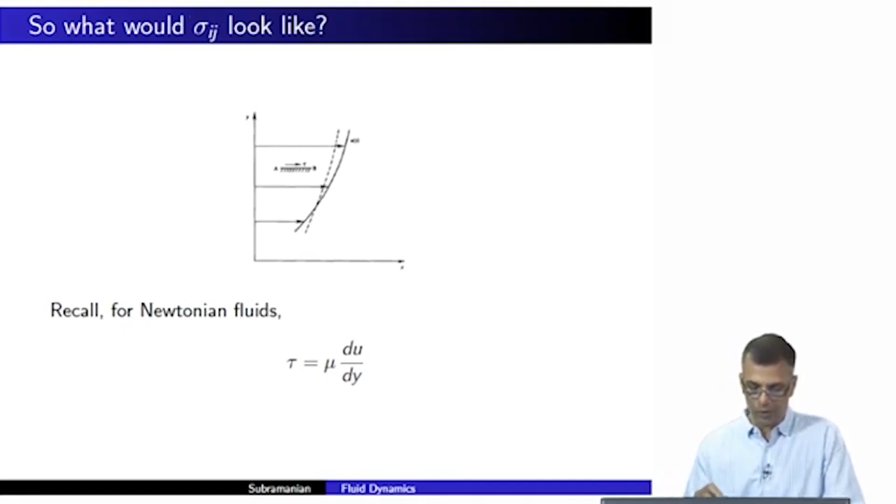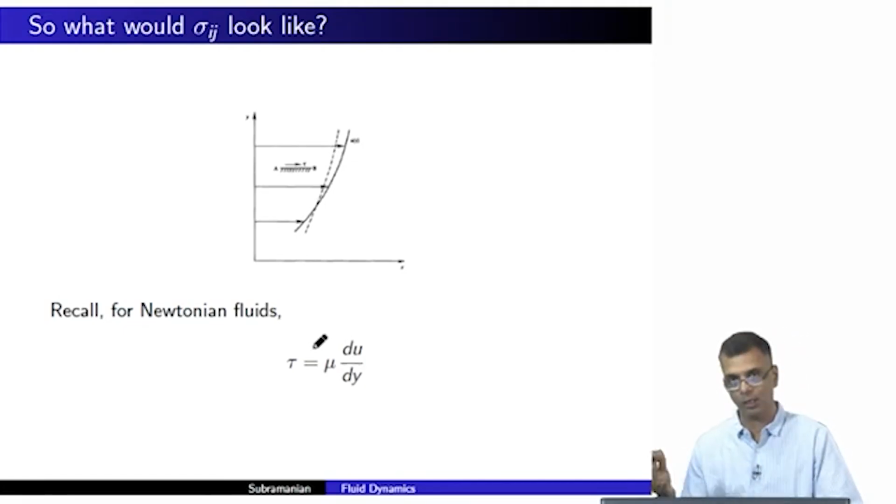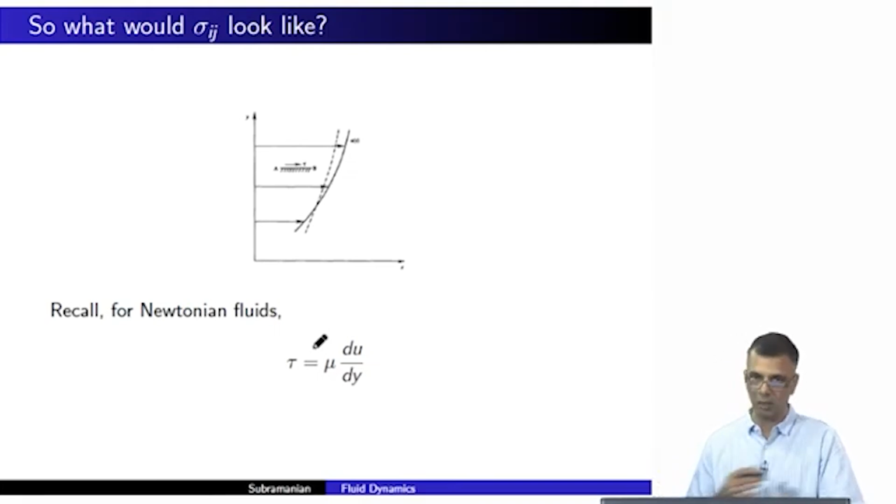Recall, Newtonian fluids are ones where the shear stress, the force per unit area, which is this tau, is related to the strain, which is du dy, via a proportionality constant called mu.